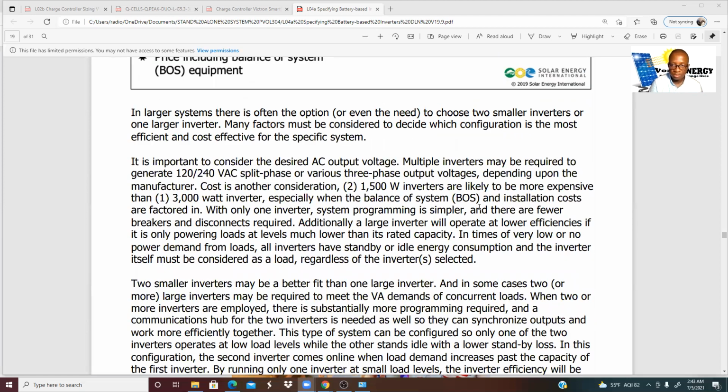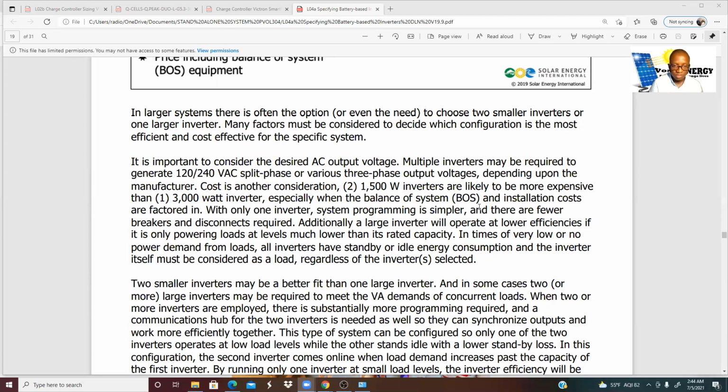Multiple inverters may be required to generate 120 to 240 volt split phase or various three-phase output voltages. Depending upon the manufacturer, cost is another consideration. 15,000 watt inverters are likely to be more expensive than 3,000 watt inverters, specifically when the balance of system, bus, and installation costs are factored in.